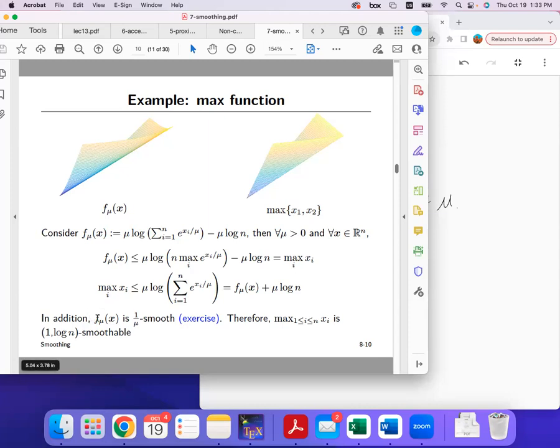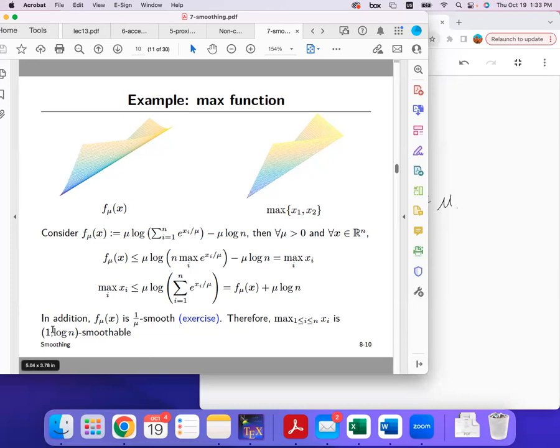And moreover, we can show that this function f mu is also 1 over mu smooth. You can check the derivative, or you can check the Hessian matrix. Therefore, we can claim that for such a piecewise linear function, max over xi, this function is 1 log n smoothable.